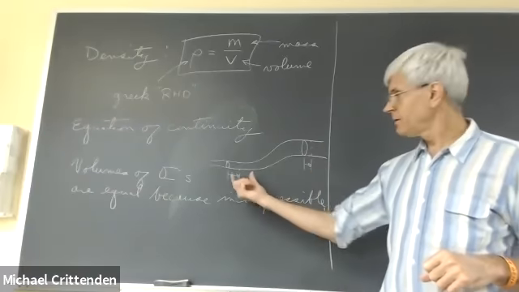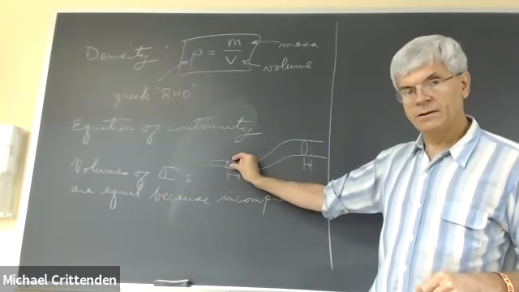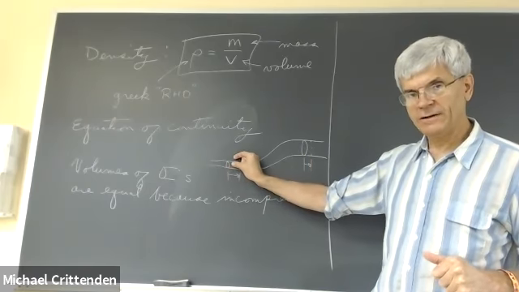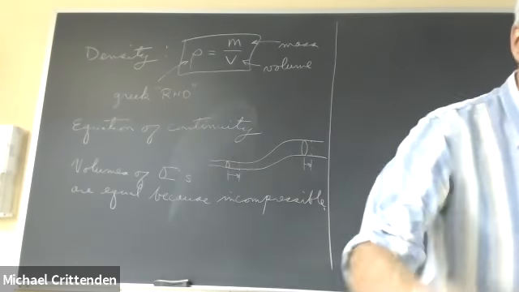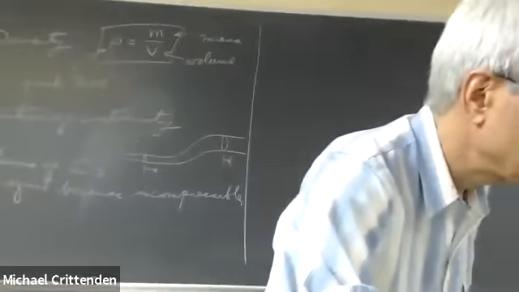The volume of a cylinder is its length times its cross-sectional area. So, moving this over a little bit.